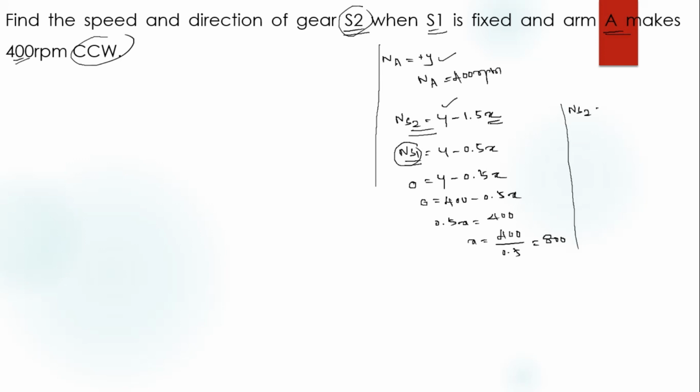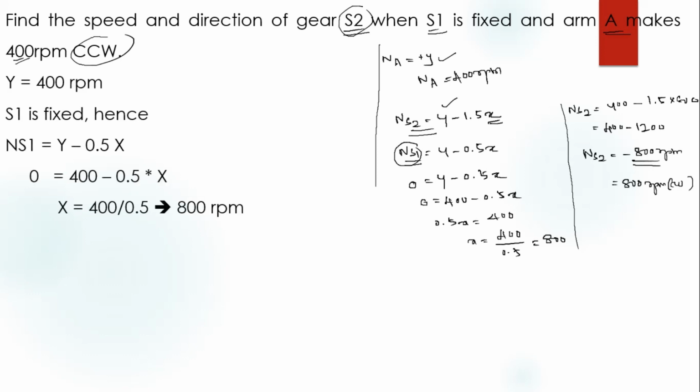So NS2 is equal to y, which is 400, minus 1.5 into 800. So 800 into 1.5 is 1200, so 400 minus 1200 is minus 800. So NS2 is equal to minus 800 RPM, which is 800 RPM clockwise, clear.